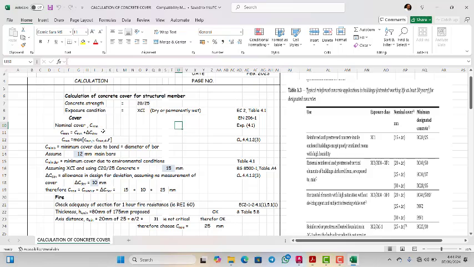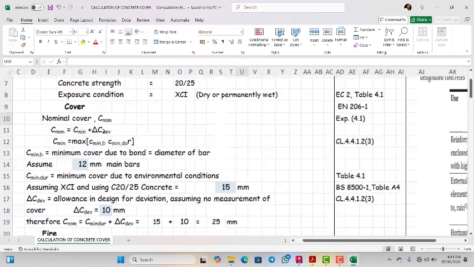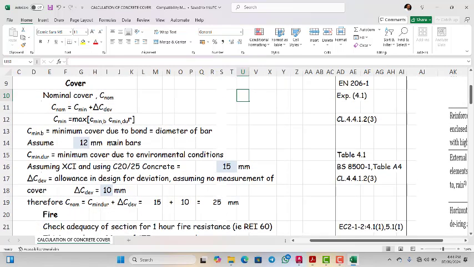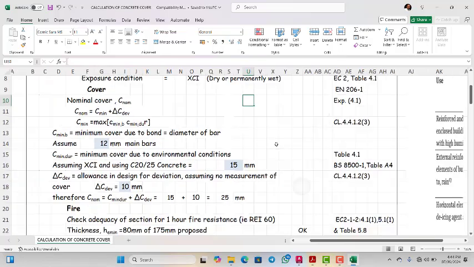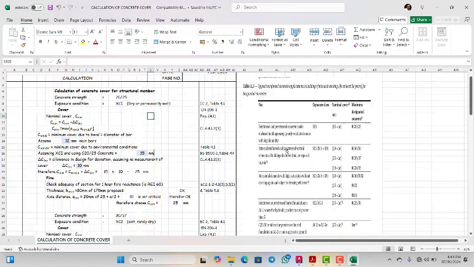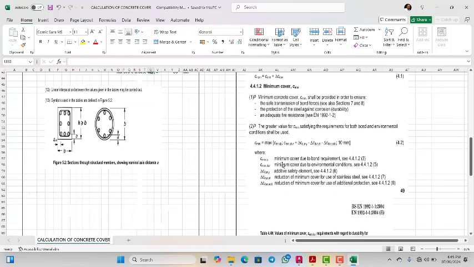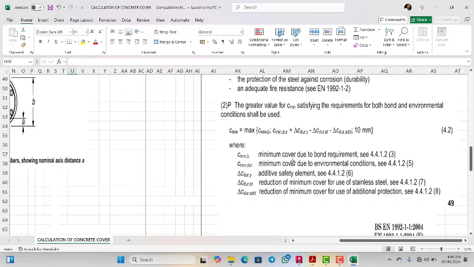The formula for nominal cover C nom is equal to C min plus delta C dev. Okay. So let's go back to our code to see what some of these actually mean.